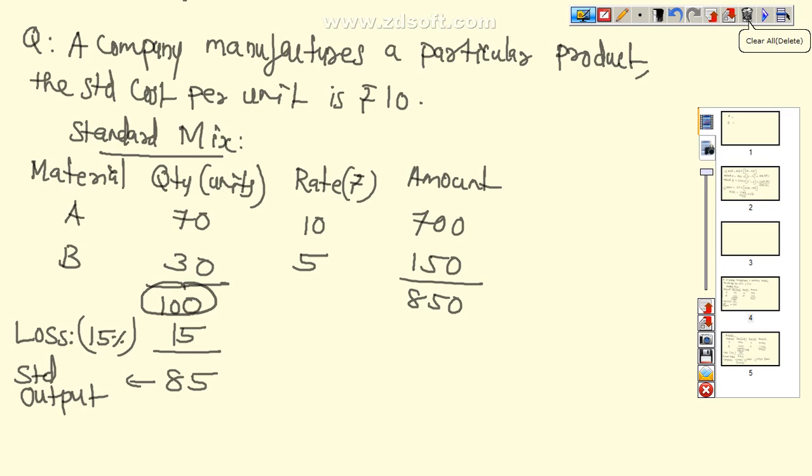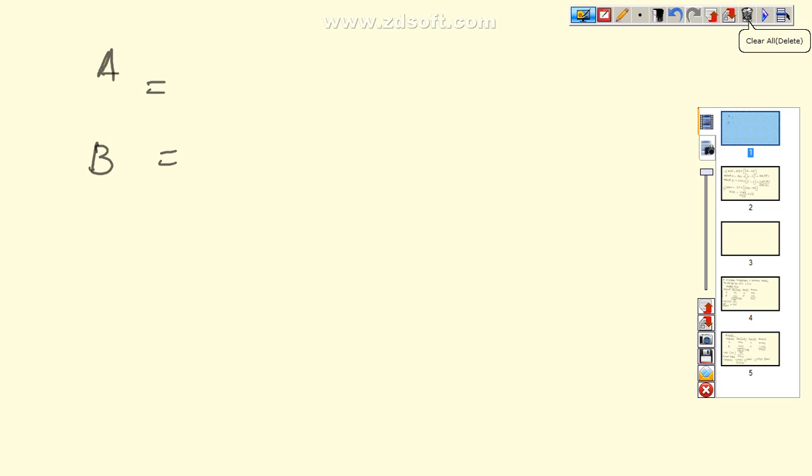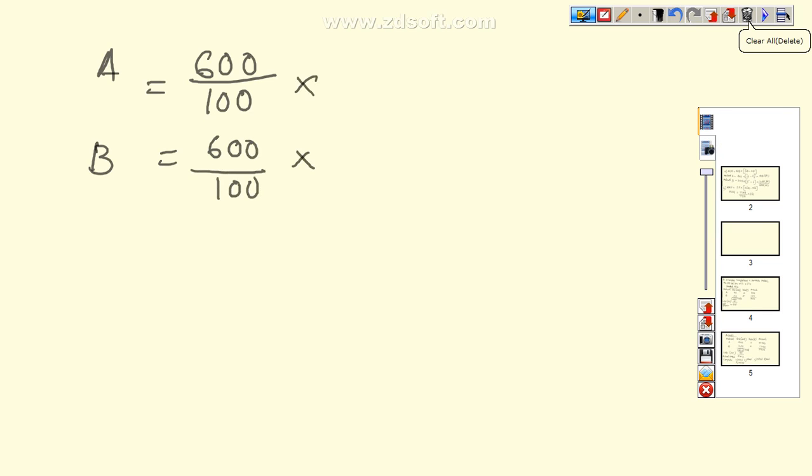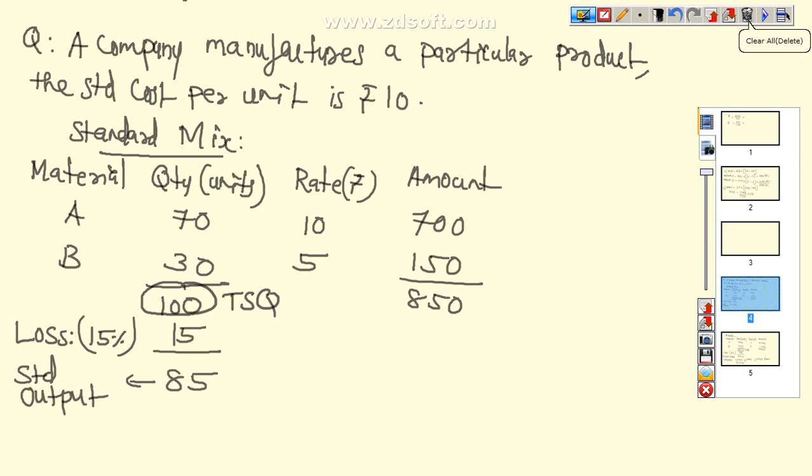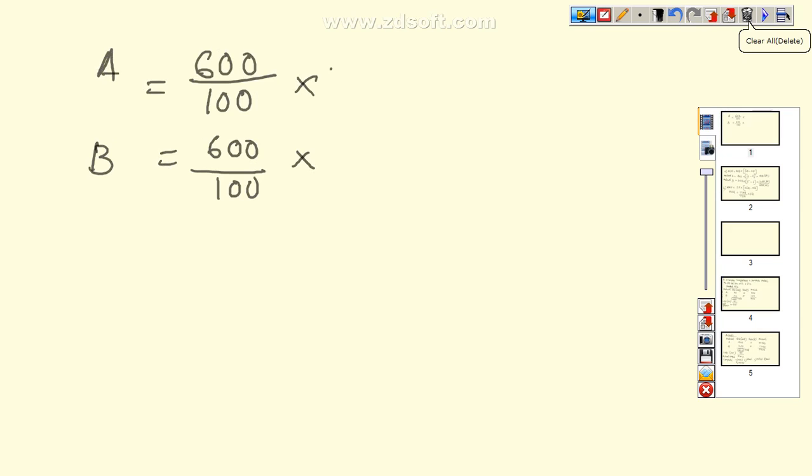So RSQ is 600 upon 100, multiplied by the standard quantities given in the question, 70 for material A and 30 for material B, that is equal to 420 and 180.